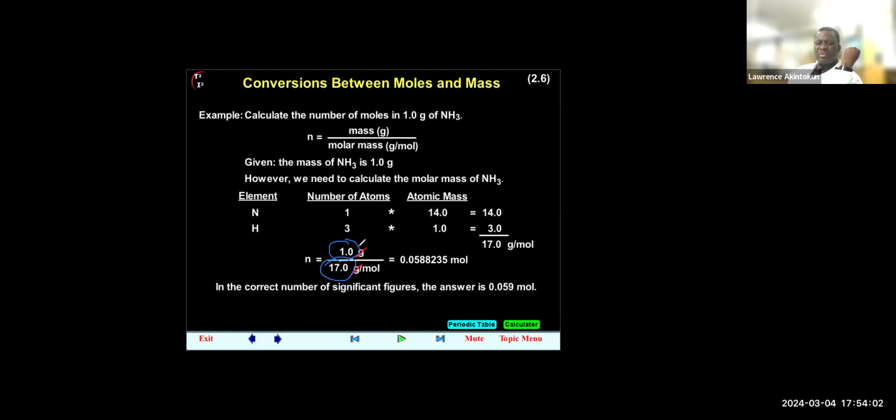So remember, you have to go with the least number of significant figures, which is 2. That's why your final answer here is 0.059. This is two significant figures. Remember, the leading zero does not count. That is the first thing we did in this class: significant figures.